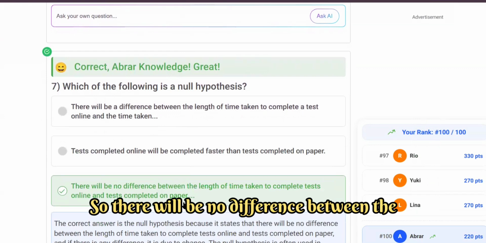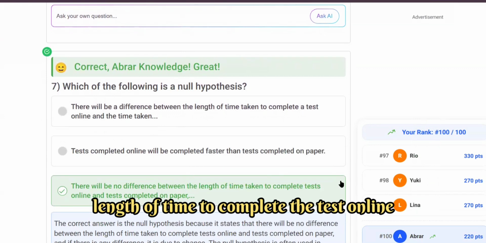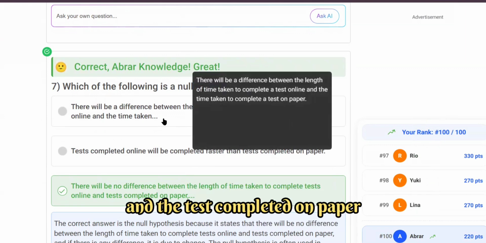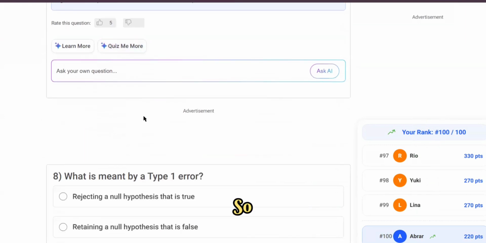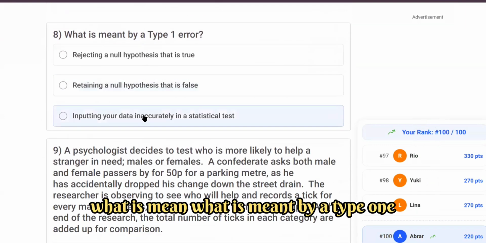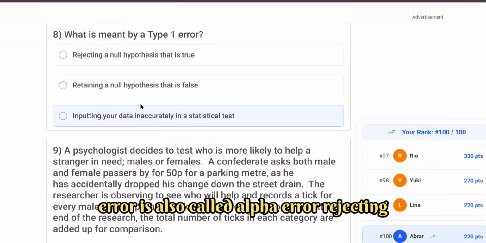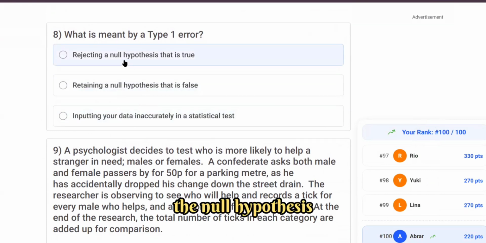There will be no difference between the length of time to complete the test online and the test completed on paper. So what is meant by a type 1 error? It is also called alpha error: rejecting the null hypothesis when it is true.